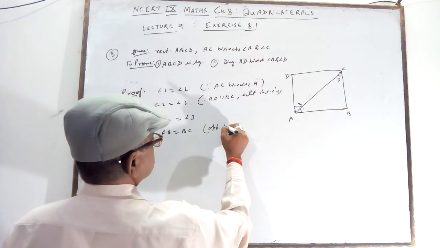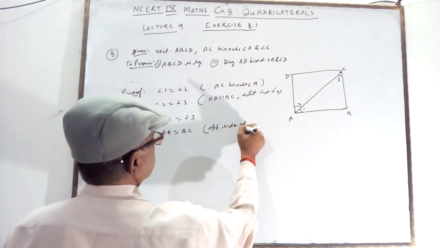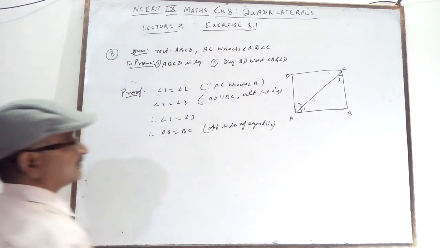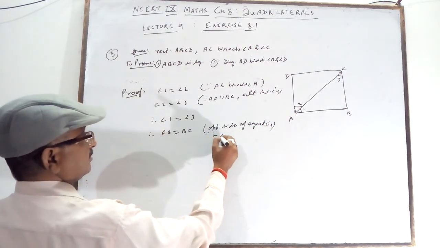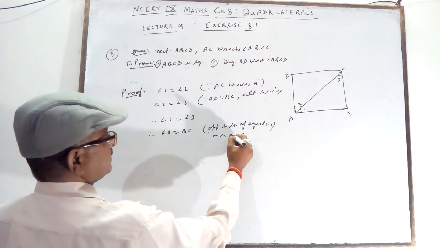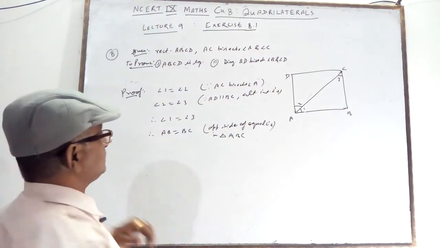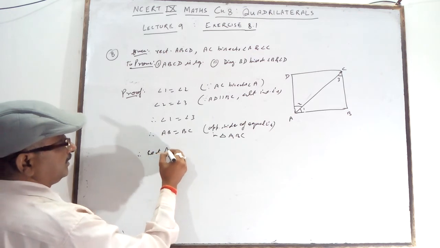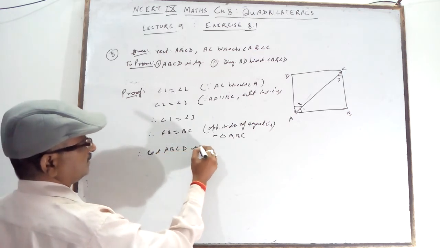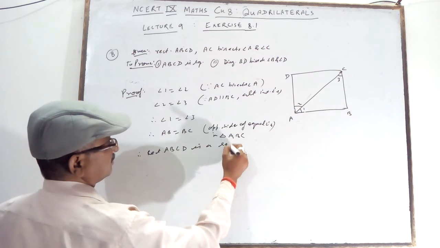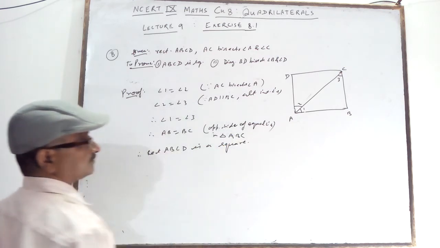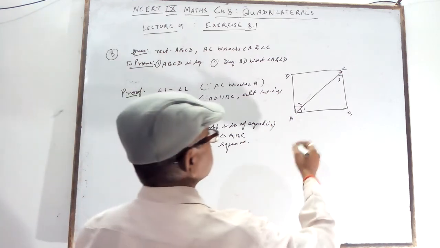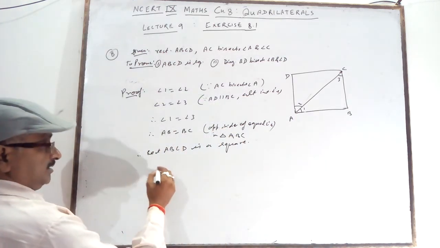Opposite sides of equal angles in triangle ABC. If the opposite sides are equal, therefore rectangle ABCD is a square.